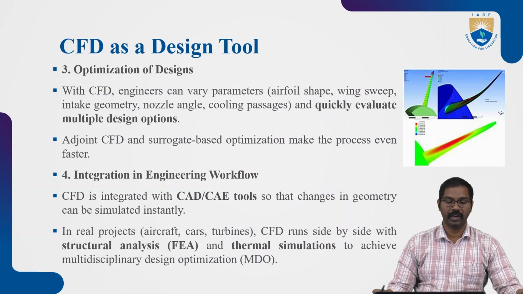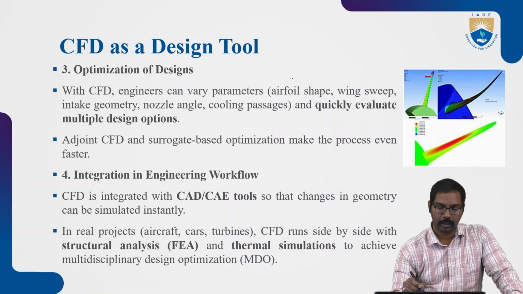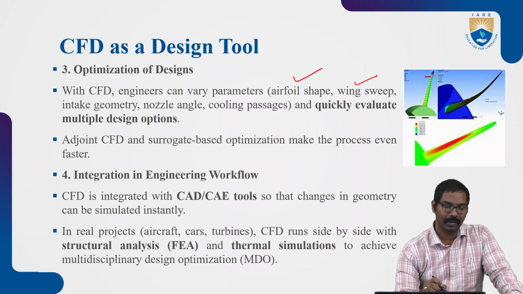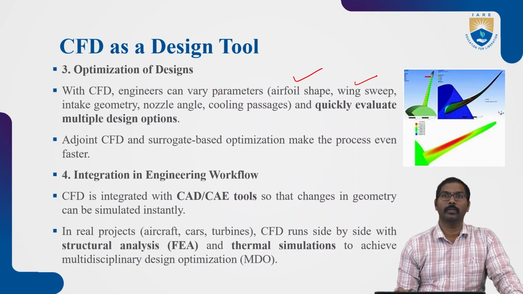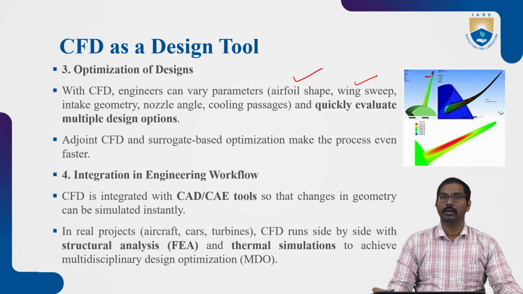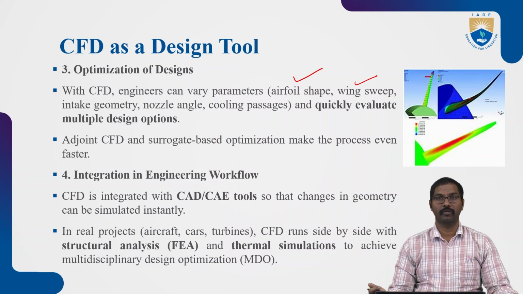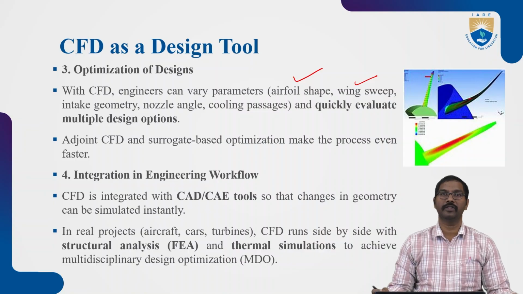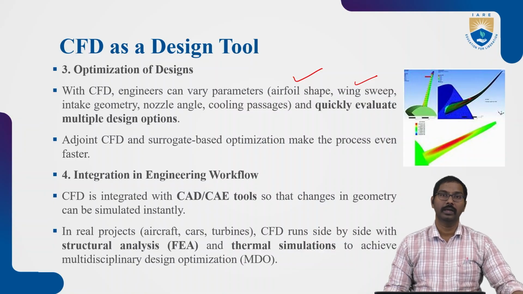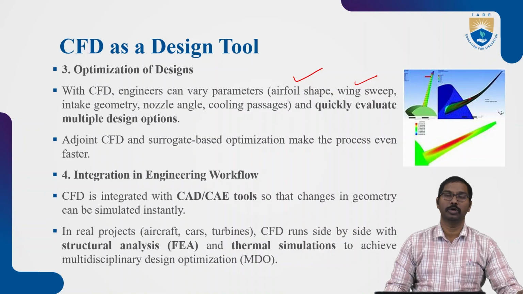But if you are considering a wing, the wing has so many design parameters like aerofoil shape, the sweep angle, the chord length, the span, or the twist angle. All these design parameters have to be optimized to get the solution for the wing, because every parameter will affect it aerodynamically.